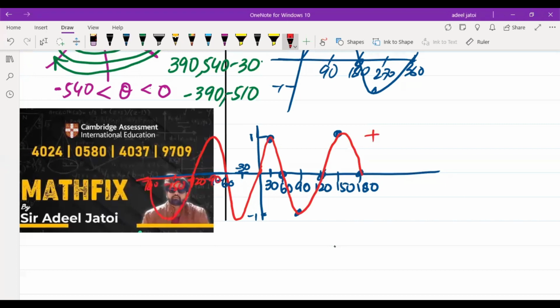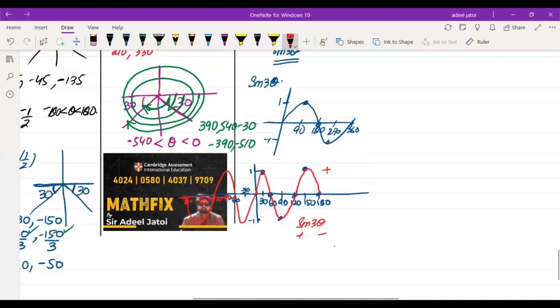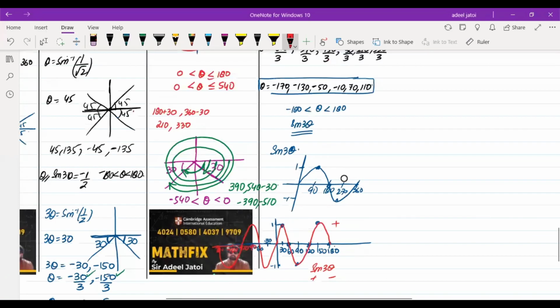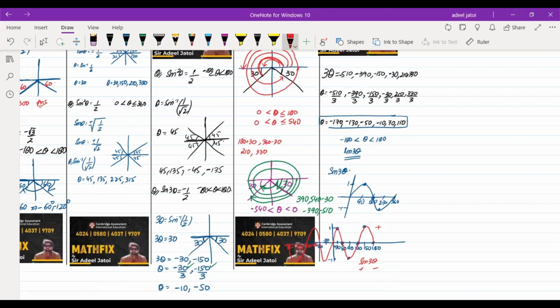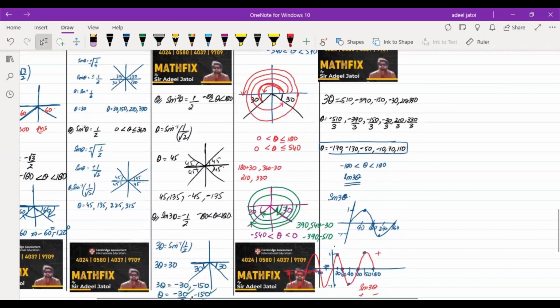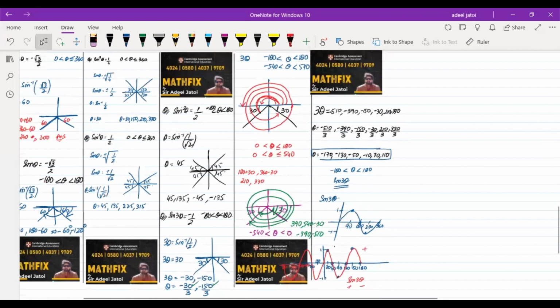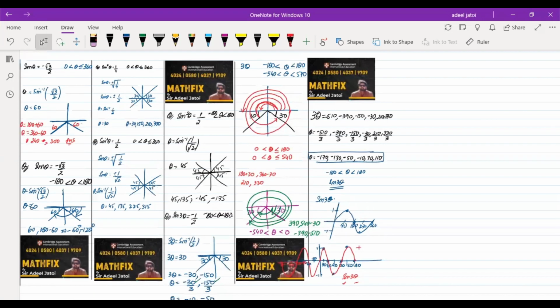So this will be my normal graph of sine 3 theta for the positive and the negative quadrant. This is the normal concept when we are applying the sine 3 theta graph to get the answers from the basic angle quadrants.